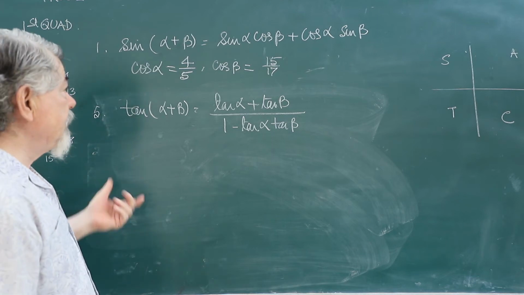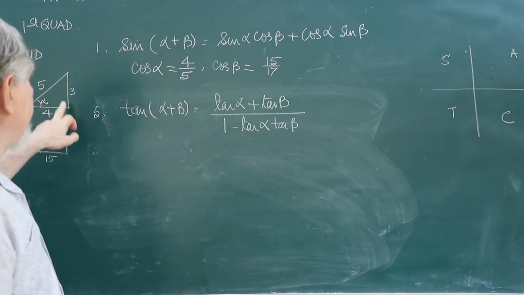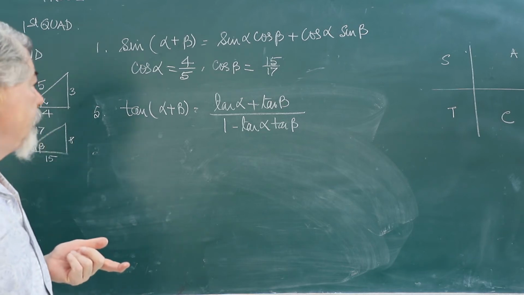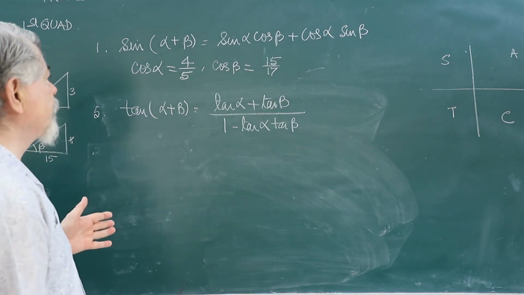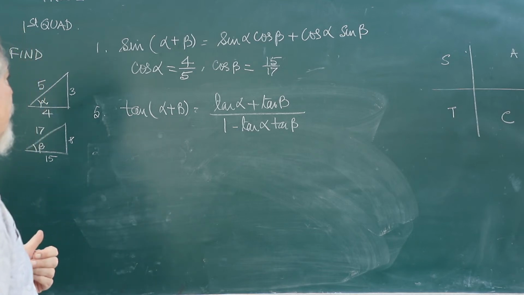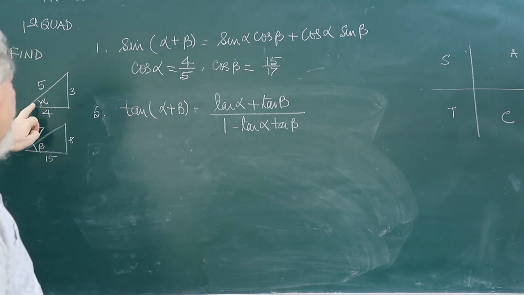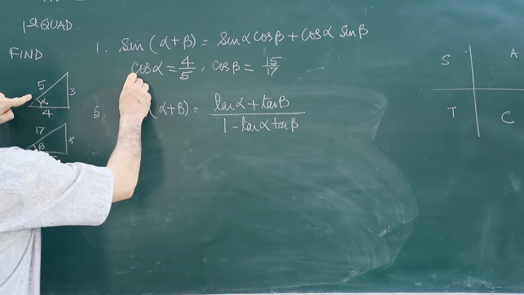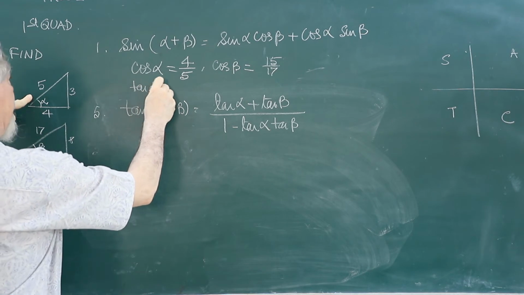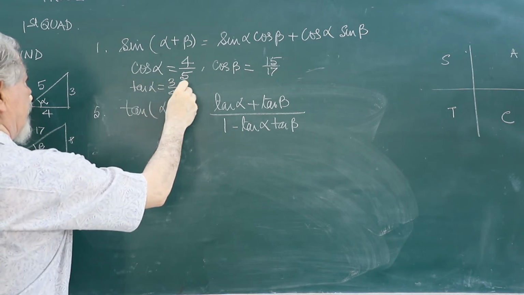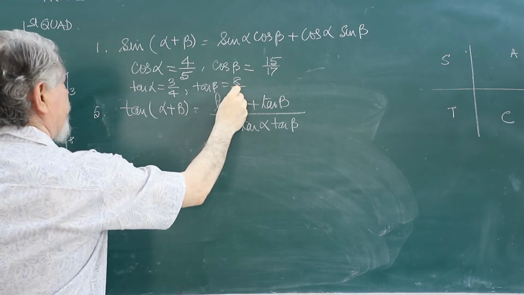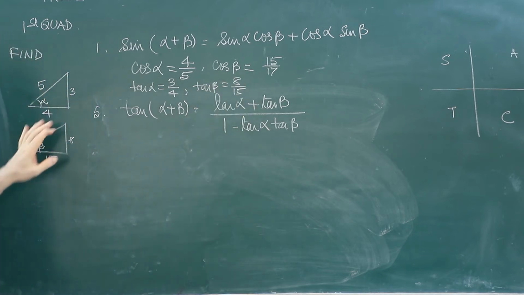Now what do we see here? If you divide the value of sin alpha by cos alpha, you will get tan alpha. If you divide sin beta by cos beta, you will get the value of tan beta. Directly you can calculate here also. Tan alpha will come out to be perpendicular upon base, 3 upon 4, and tan beta will be perpendicular upon base, 8 upon 15. From these two triangles you can get the value of tan alpha and tan beta.